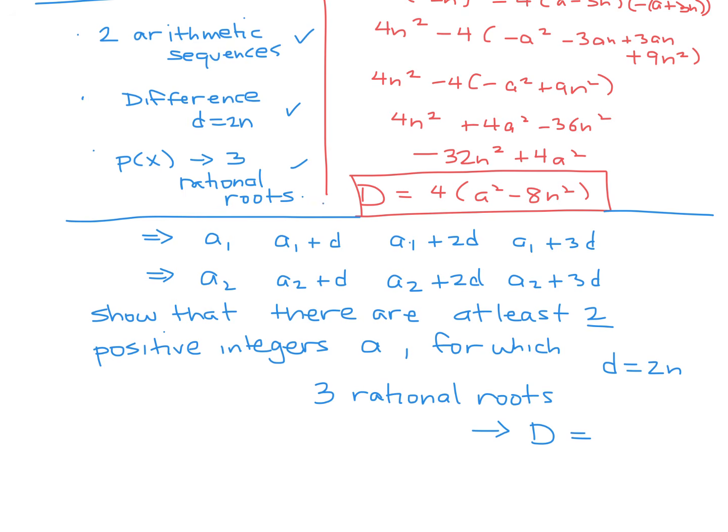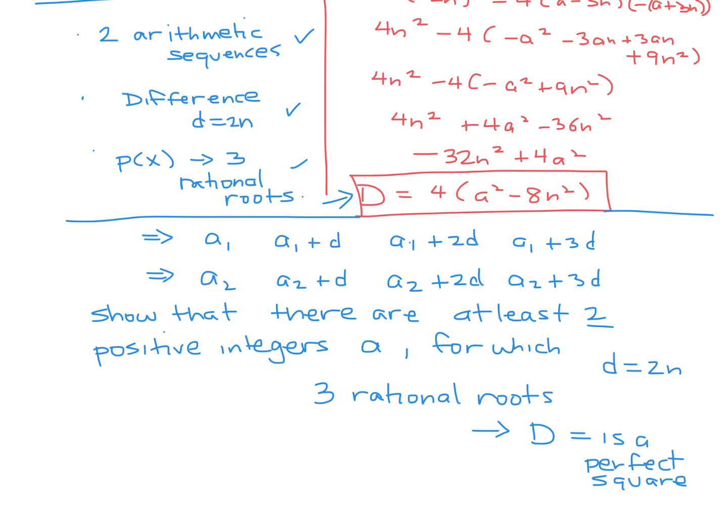So big D, this guy, is a perfect square. And remember I explained that whole thing that if it's a perfect square, then the radical sign would disappear, and therefore you would get a number that doesn't have a square root in it. Okay, have I covered all my bases here?